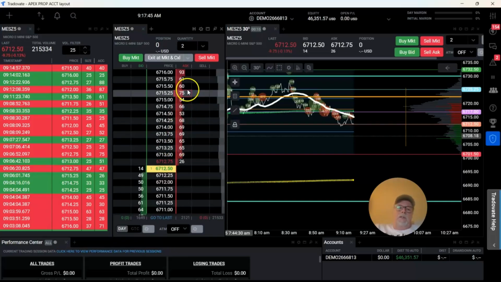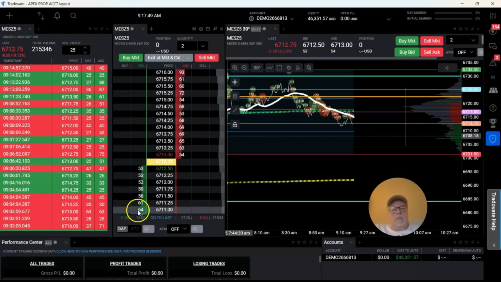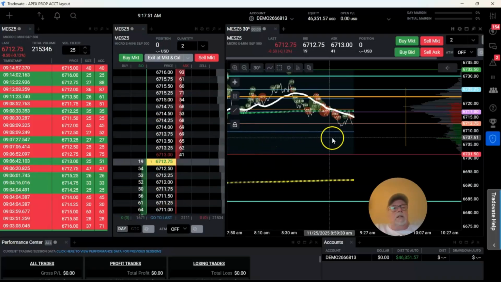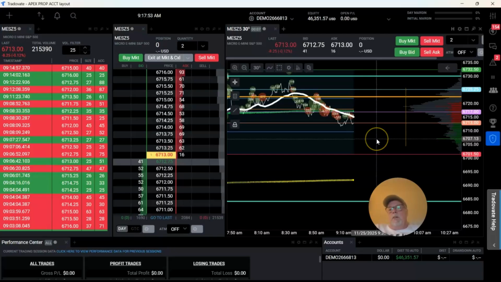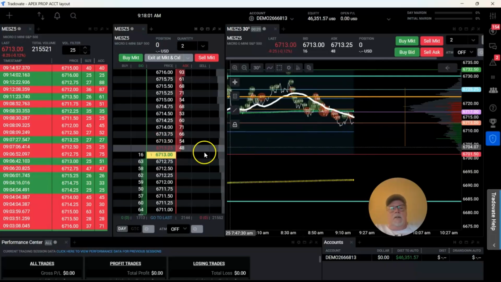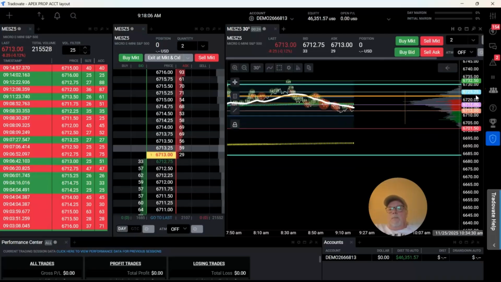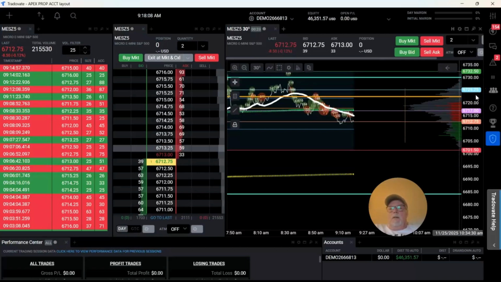If someone's lifting the offer, it'll just keep going up and up real quick. Or if they're hitting the bid, it'll go down, down, down real quick. So it looks like it's being affected by big money, but really there's no one to take the other side. So it has to go to the next level, and it just really flies. So just want to be aware of that and not be in the market when that happens.